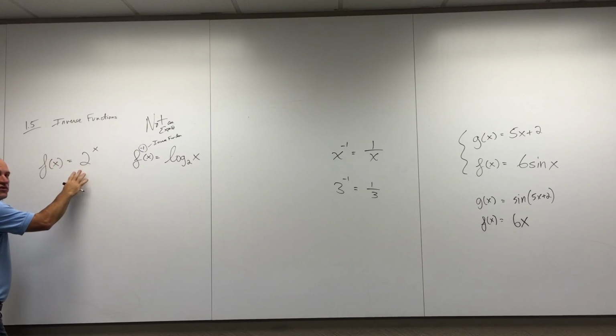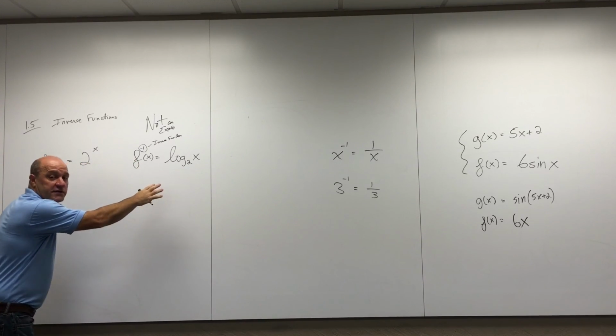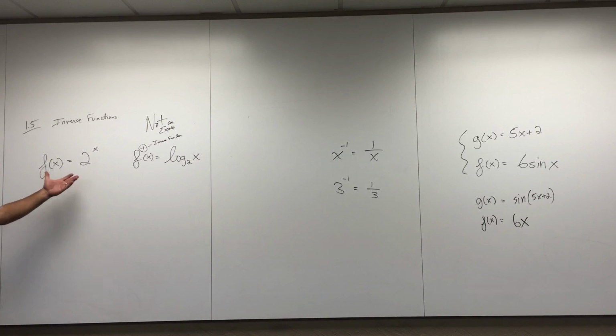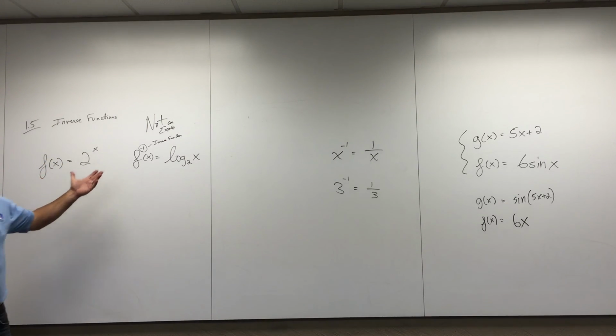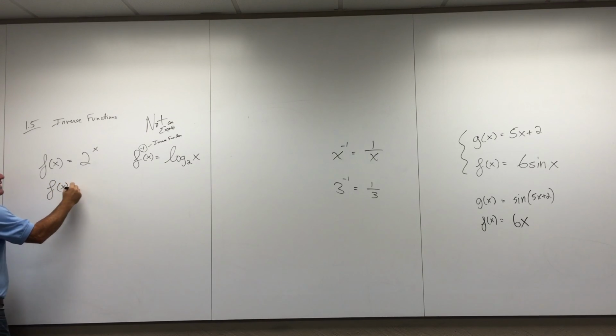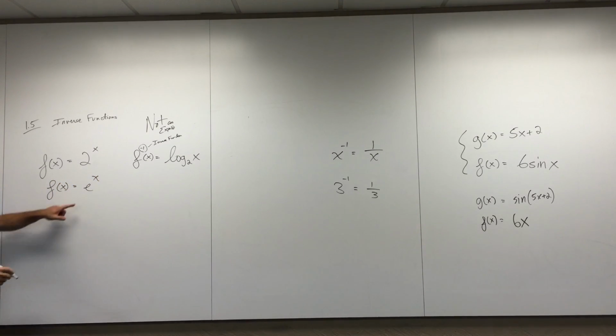So exponential functions have inverses that are logs. I call this an exponential function, and this is its inverse. But then we use the phrase the exponential function. The exponential function is base e, e to the x. By the way, e is 2.7, it's just a number, an irrational number.